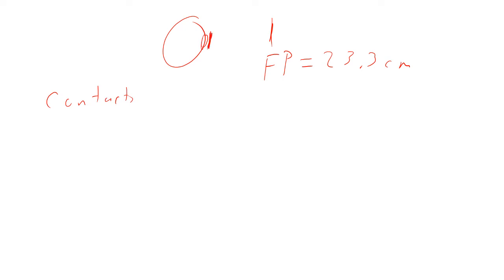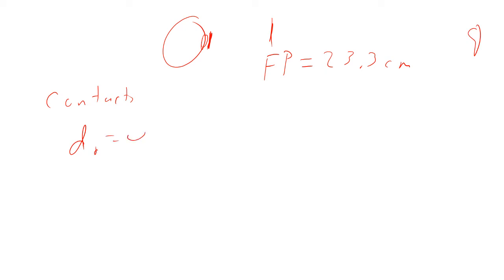Well, let's consider another person. We have another person that's profoundly nearsighted. So their far point, in this case, might be much closer. Their far point might be 23.3 centimeters. And so in that case, for contacts, when the lens is right on the eye, we want something infinitely far away.